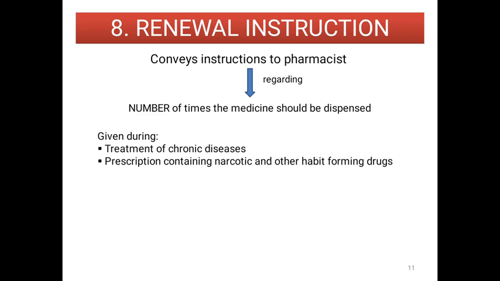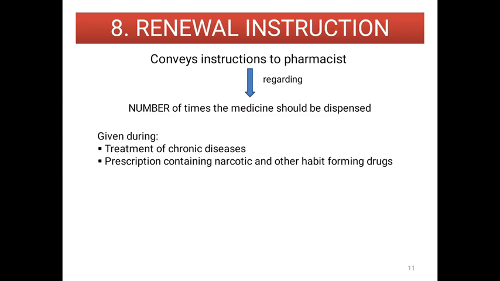Then next one, renewal instruction. It gives an idea about renewal or refill of the medicine. It gives an instruction to the pharmacist regarding how many times the medicine should be dispensed.